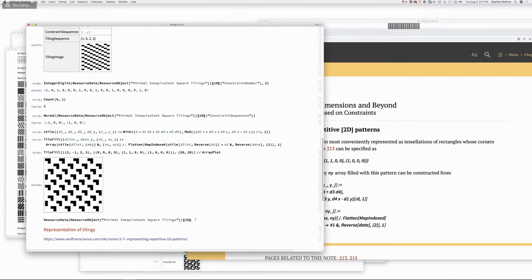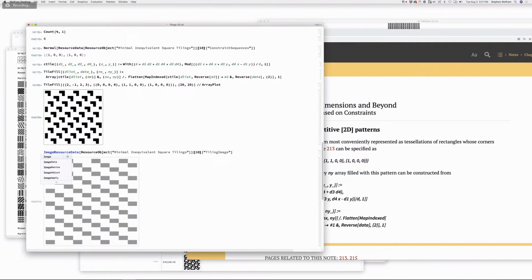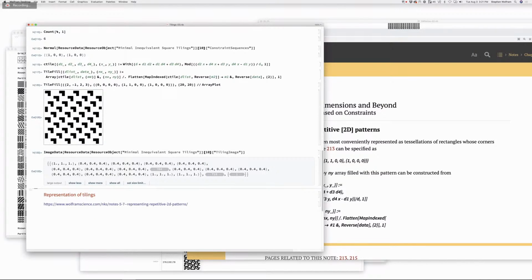If I say this, comma, tiling image, okay, so I could always say image data of that. Oh my gosh. What on earth is that? You can't be serious.